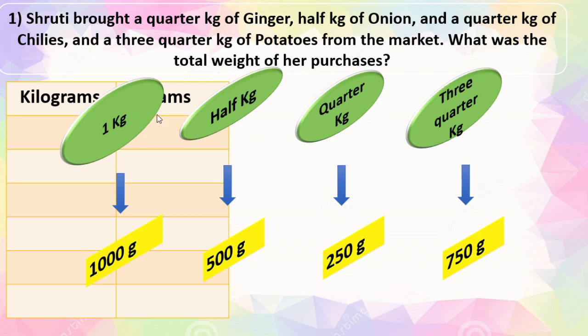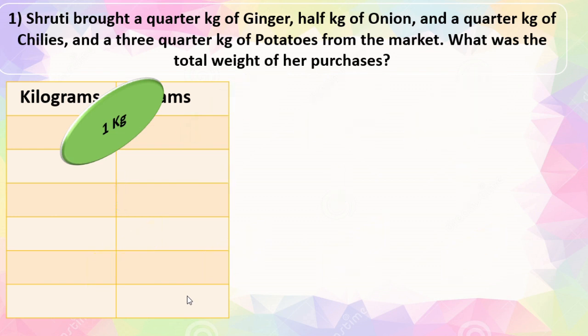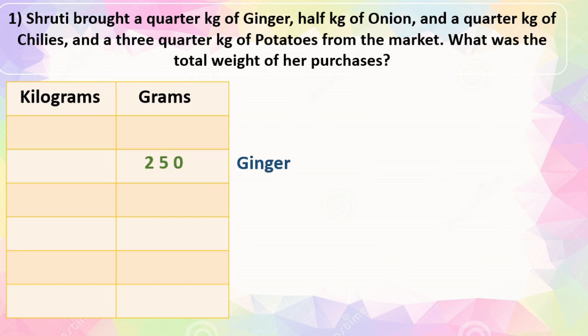Now we will fill this table by using this knowledge. First we will write ginger, how much? Quarter kg, that is 250 grams, right? Ginger. Half kg onion means 500 gram, right?